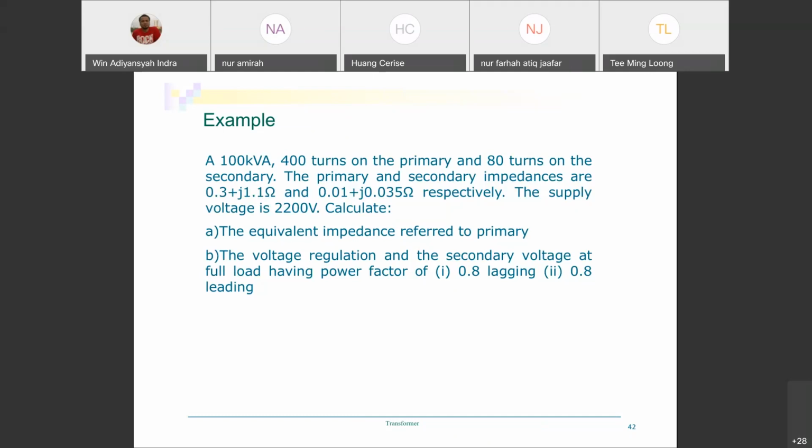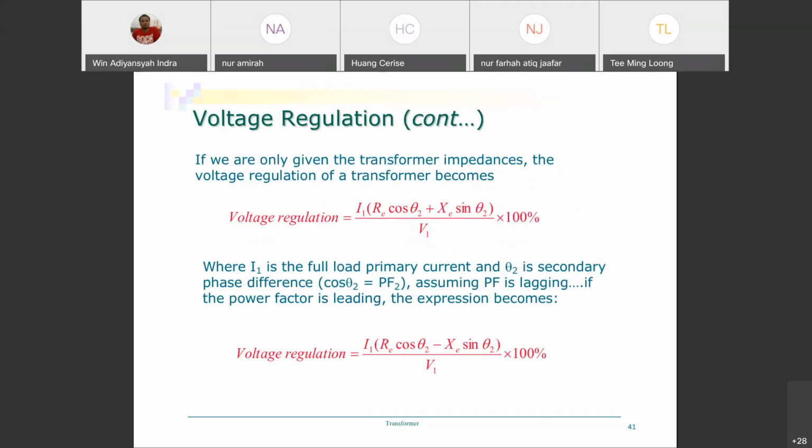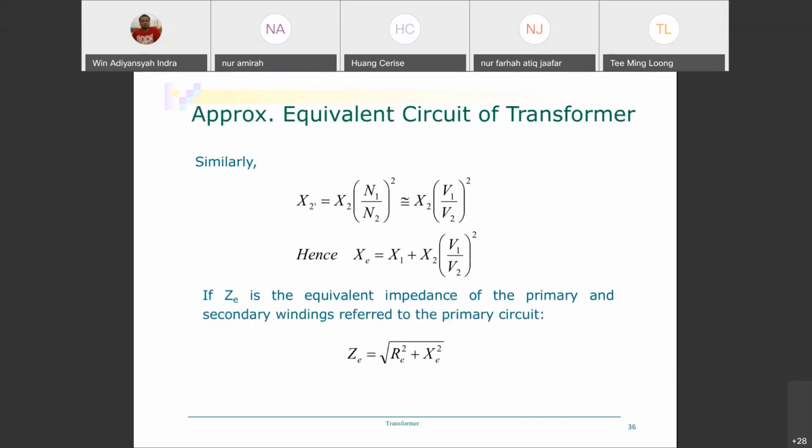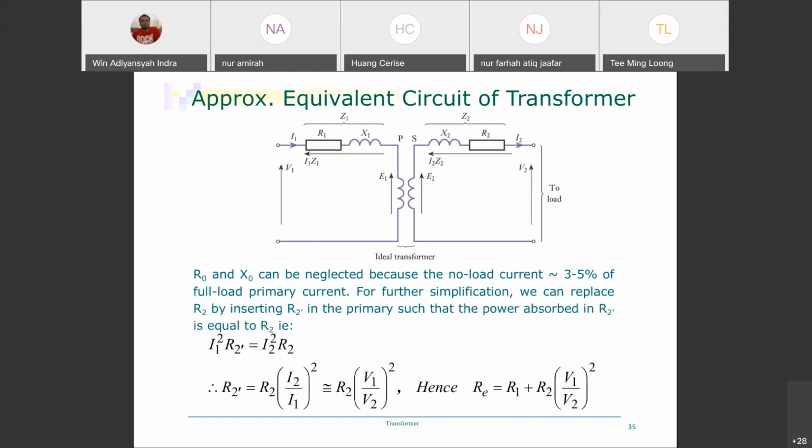Okay. So just use the formula then. R equivalent. Which one? That's the R equivalent. This one. Use this one. This is R equivalent.